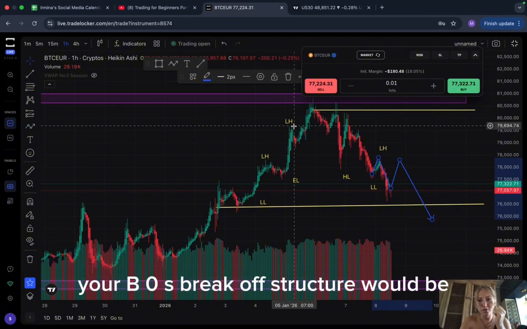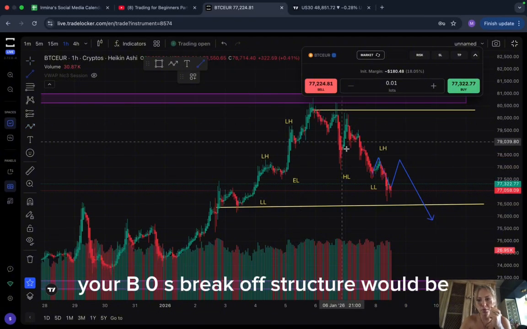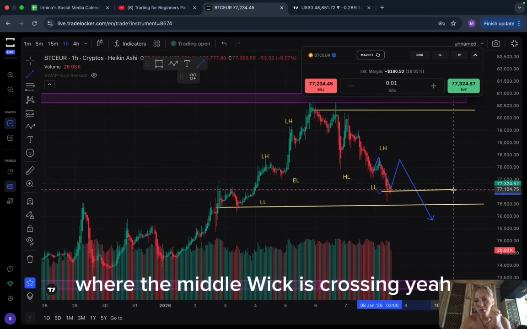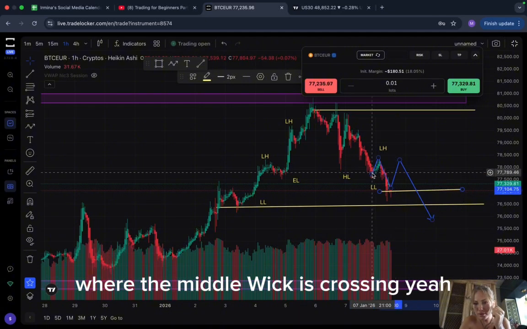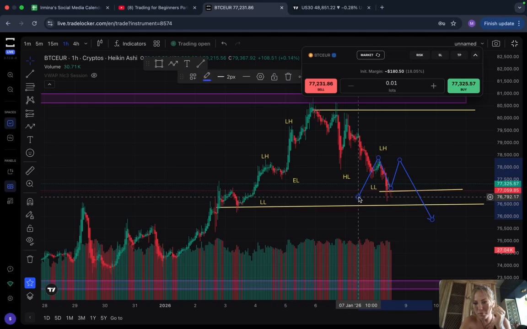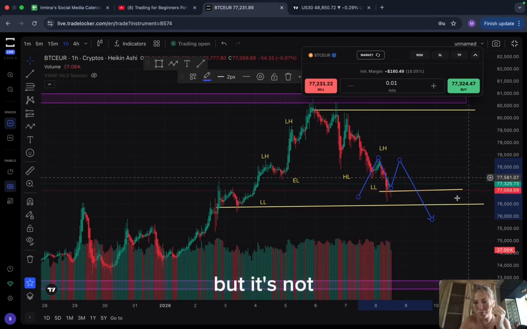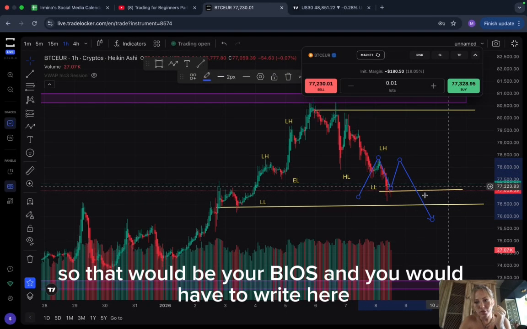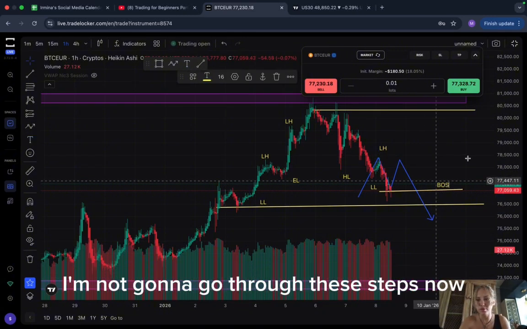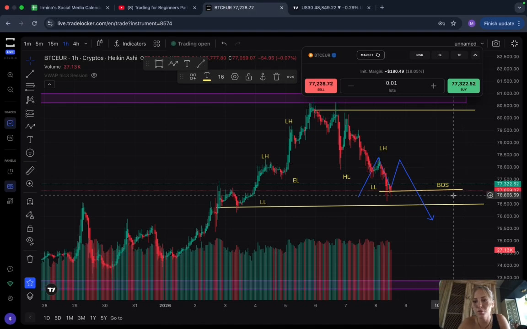Your BOS, break of structure, would be where the middle wick is crossing. Yeah, well, actually it would have been more like that, but it's not. So that would be your BOS, and you would have to write here, of course, change the color. I'm not gonna go through these steps now, but you can change for yourself.